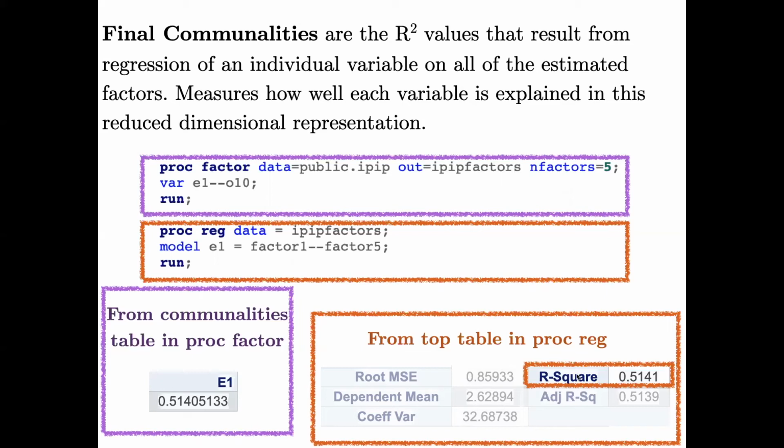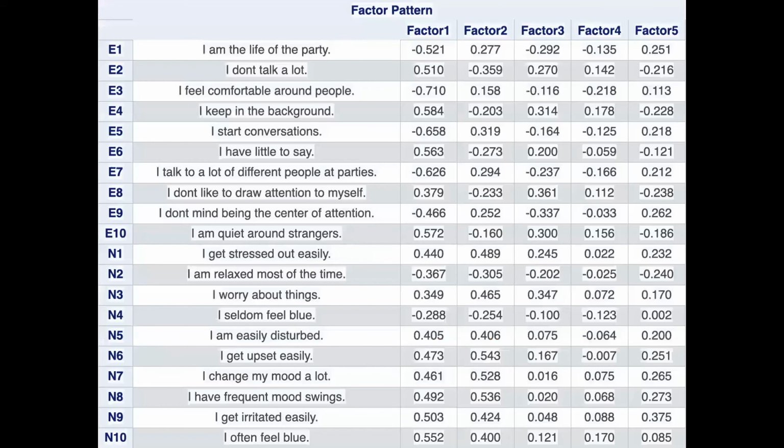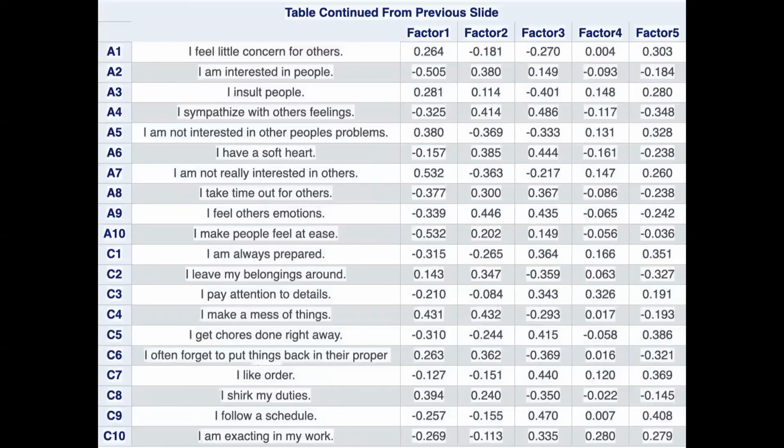All right, now let's move on to the factor pattern. Now, these are the eigenvectors. They are scaled by square roots of the eigenvalues. That's irrelevant. They're scaled by a constant, okay? These are the eigenvectors, essentially, from principal components. I have 5 of them. If I look down the loadings, so this is the first set of loadings for questions on extroversion, neuroticism, and then I have agreeableness, conscientiousness.